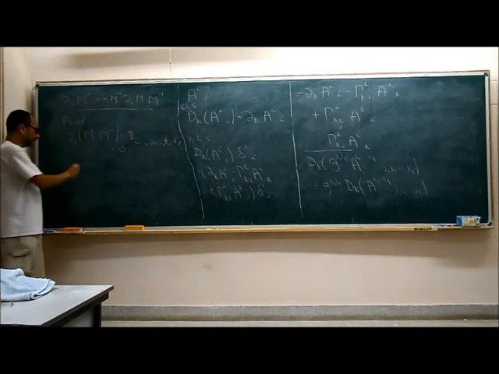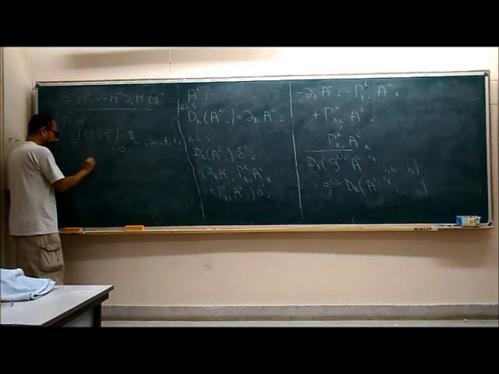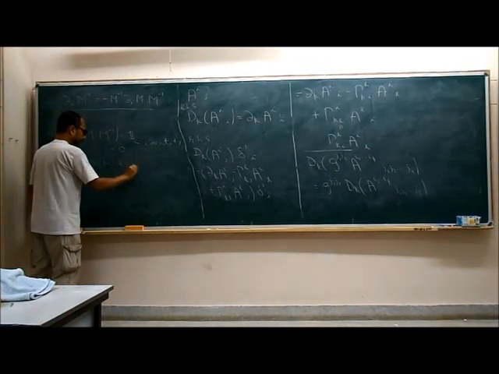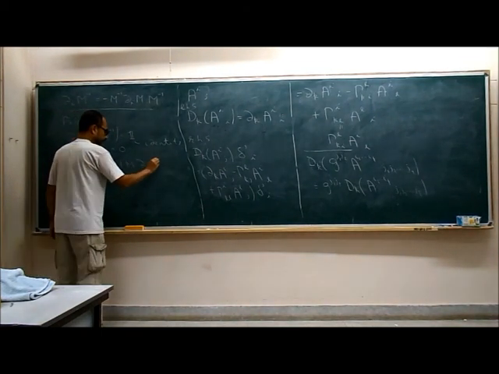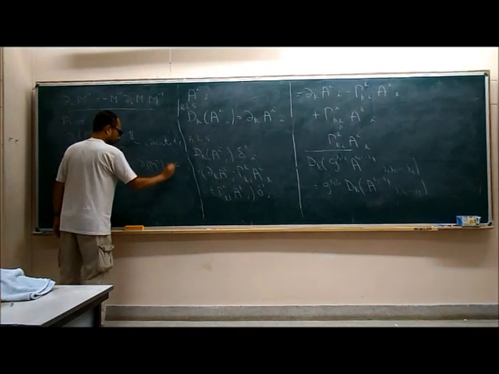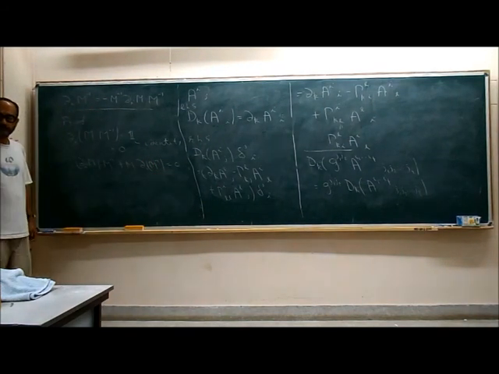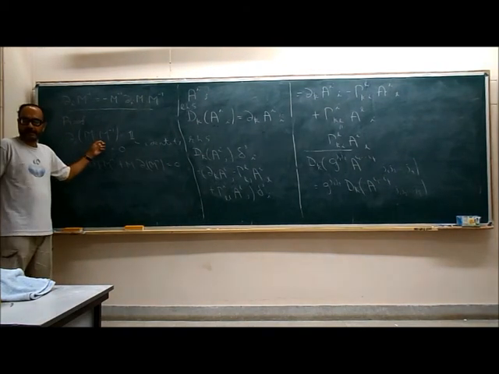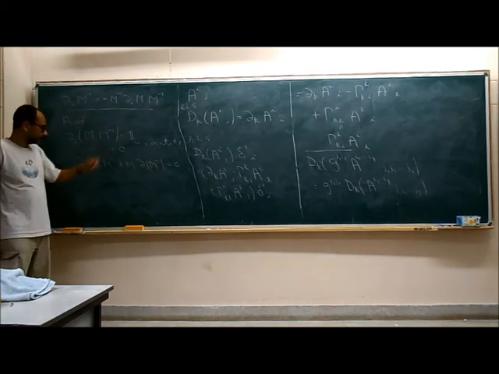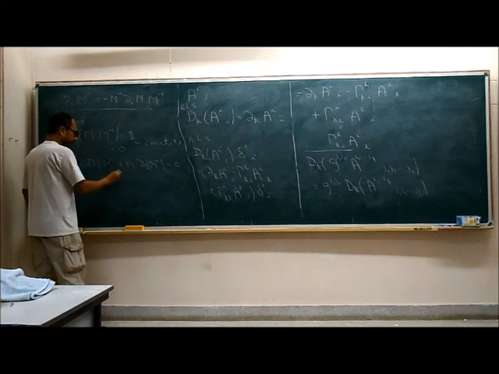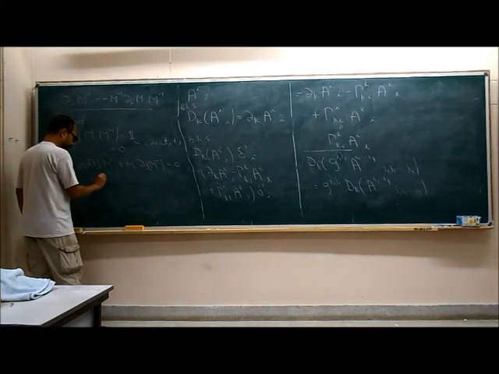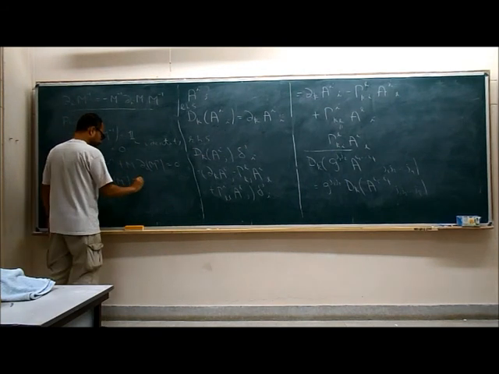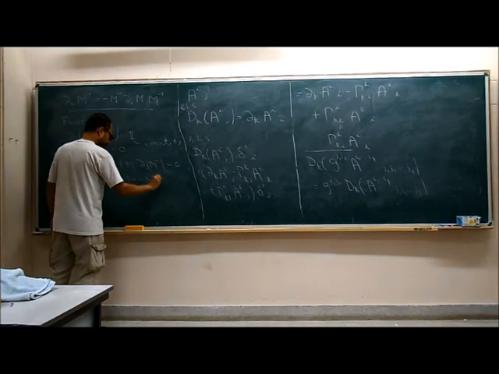So this is del_i M times M inverse plus M times del_i M inverse, which should be 0, because the derivative distributes over the matrix product. Now you can take this to the other side. This implies del_i of M inverse is equal to minus M inverse del_i of M M inverse.